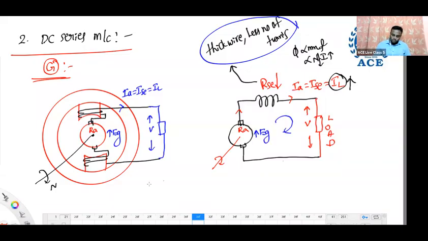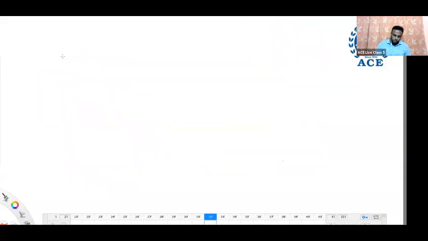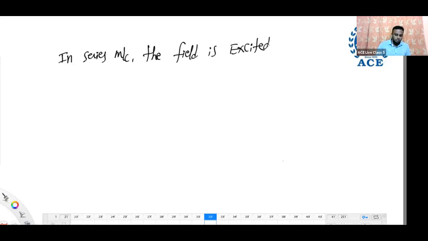In a series machine, the field is excited from the armature by connecting in series.